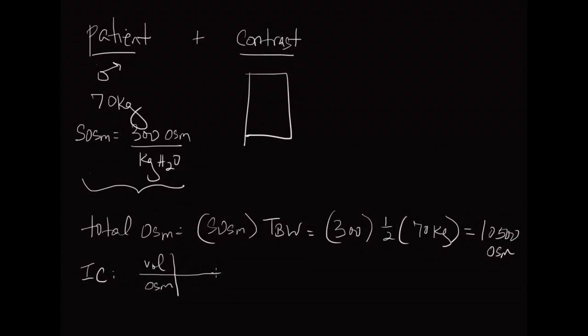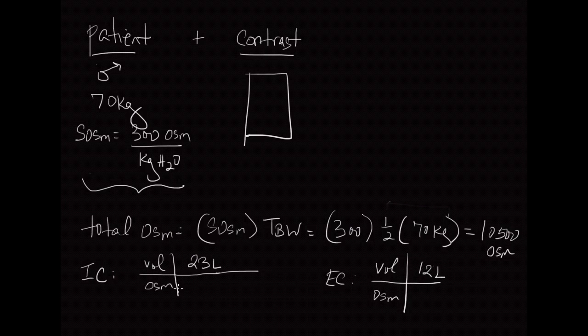Okay, so the volume is going to be 2/3 of the total body water. And so that approximately comes out to 23 liters. So I just took the total body water, which is right here, and multiplied it by 2/3. And I'm going to do the same thing, take the total body water, but multiply it by 1/3 to look at the extracellular compartment. And that comes out to 12 liters.